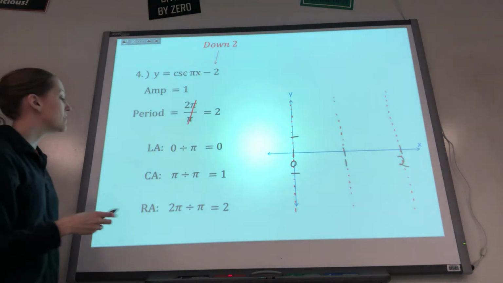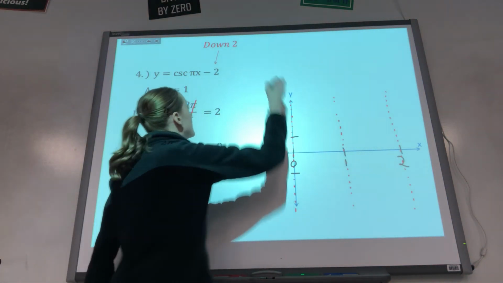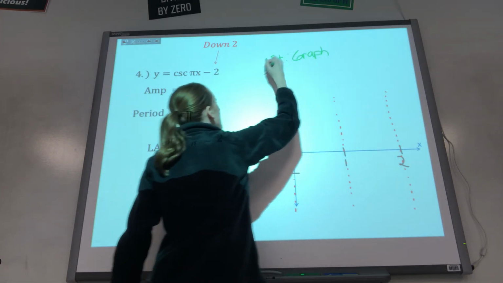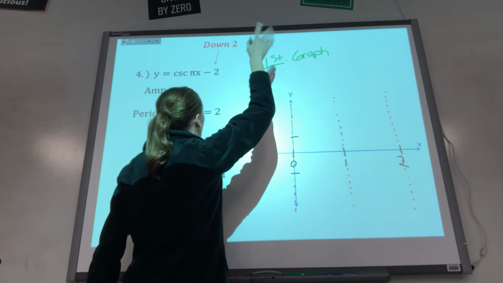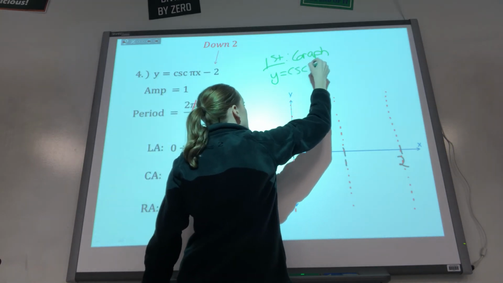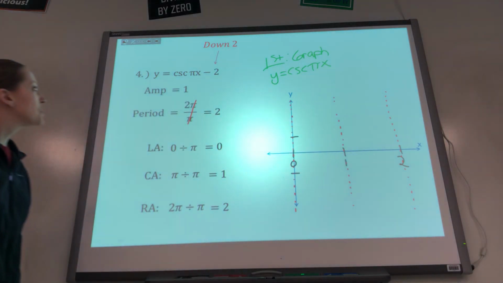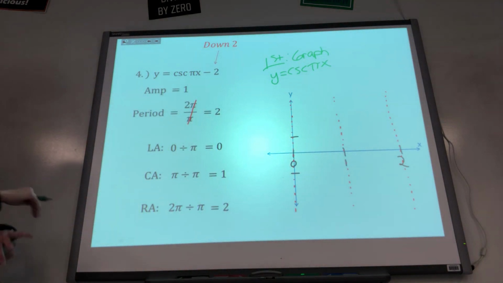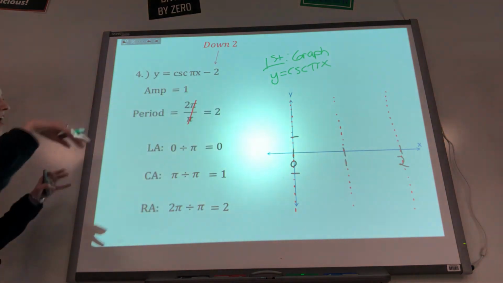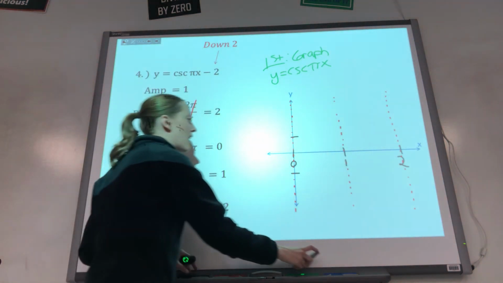Then what am I doing? Well, first thing I'm going to do is graph this function without the minus 2. So y equals cosecant of pi x. You guys know me. I don't like to do too much at once. So I'll draw this in and then I'll worry about taking everything down 2.